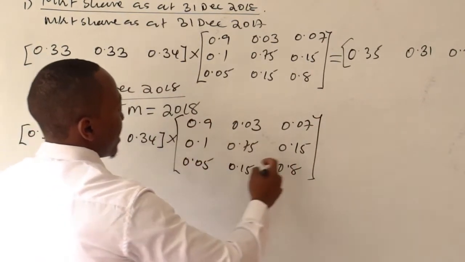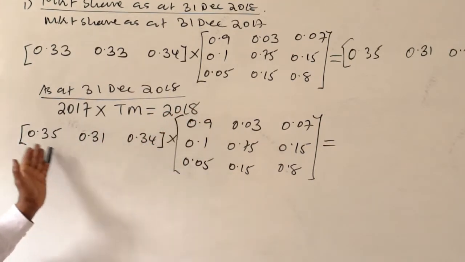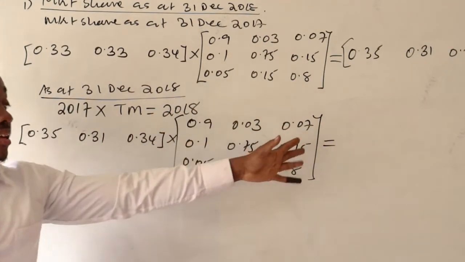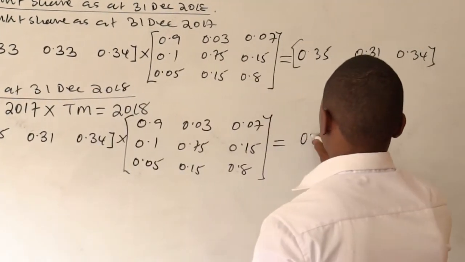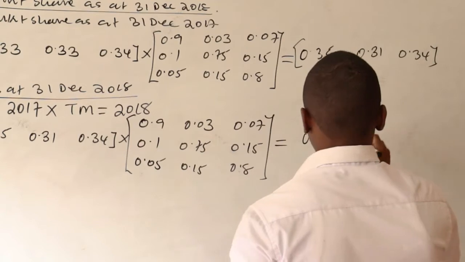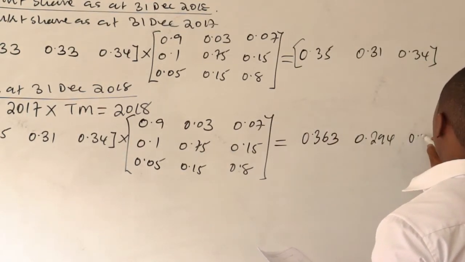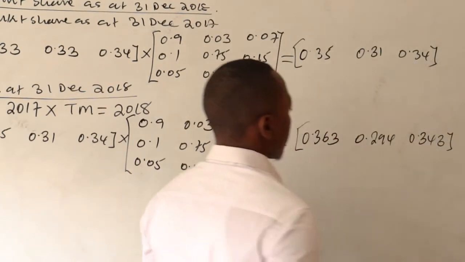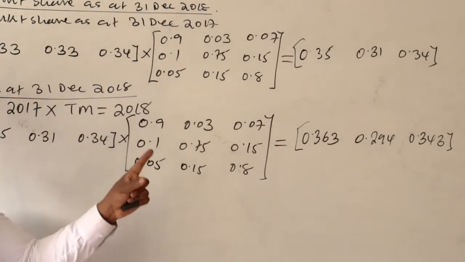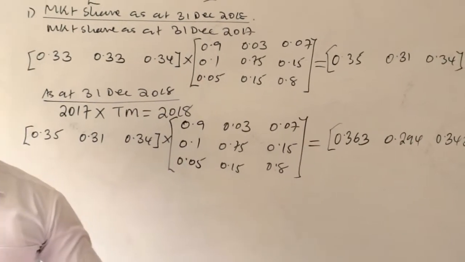Now we can get 1st December 2018. First row with the first, second, and third columns. You know how to multiply that. So we have 0.363, 0.294, and lastly 0.343. That's the market share as at 1st December 2018. Good, and you have your 3 marks.